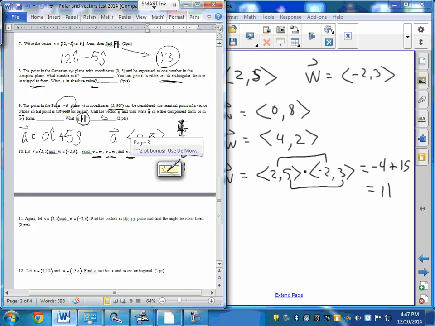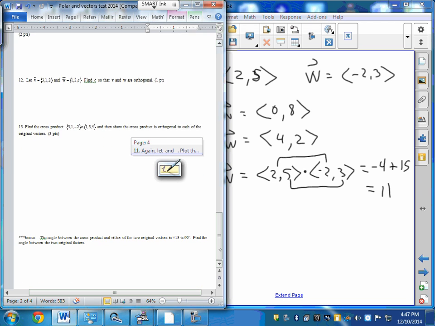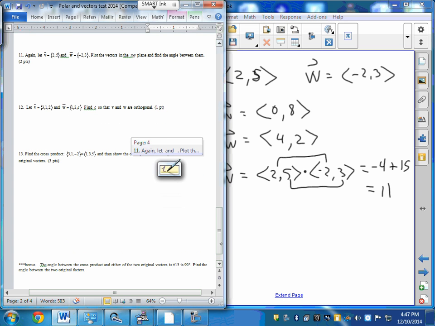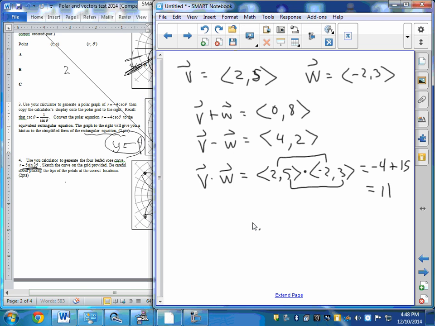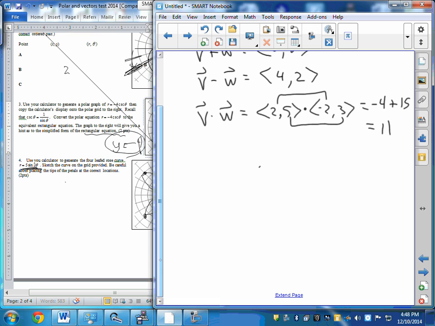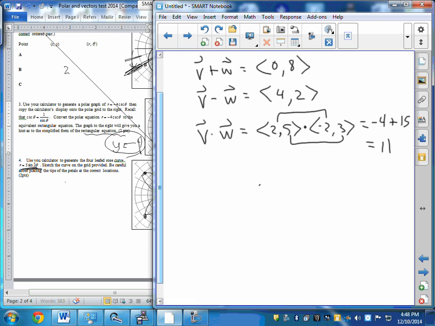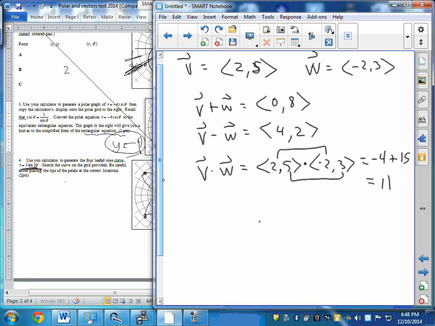Okay, last page of the test. Oh, we're on the last page of the test. Okay, so, oh no, here we are. So the same two vectors, plot the vectors and find the angle between them. Okay, so maybe we can just scroll down here. We have these two vectors, 2, 5, and negative 2, 3. 1, 2, 1, 2, 3, 4, 5.